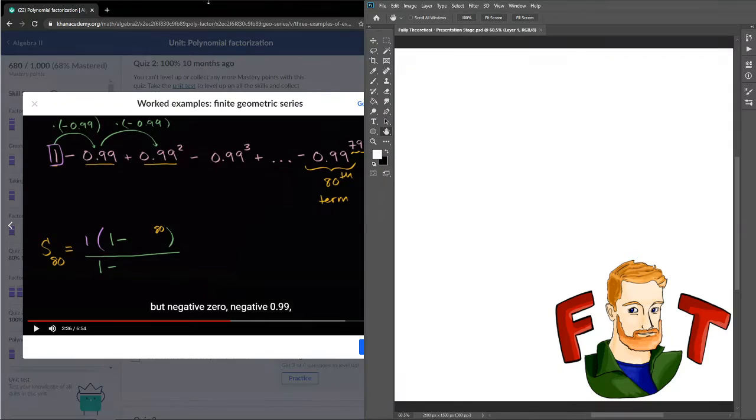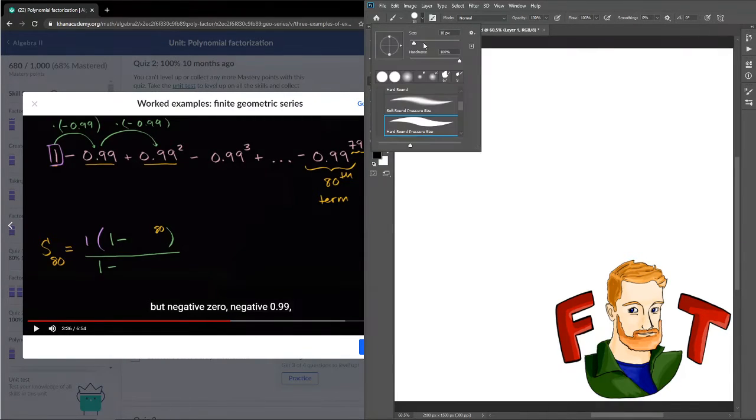Now we're going to start with where he's at here. Probably should have worked some of this out before I started, but that's fine.